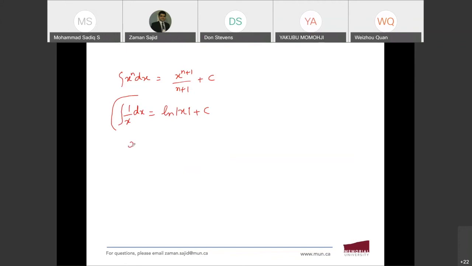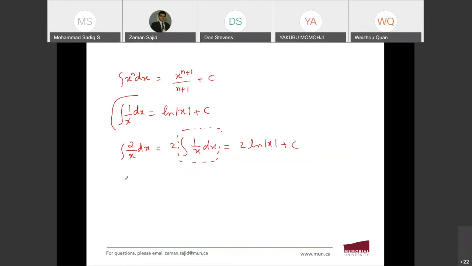For example, if it is 2 by x dx, that is 2 times the integral of 1 by x dx. This is the same as before. This is 2 times the natural log of x, ln x, plus c, the constant of integration. Okay.